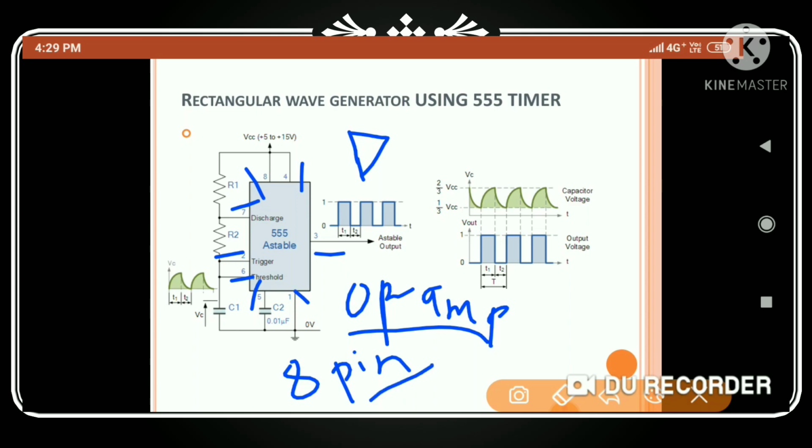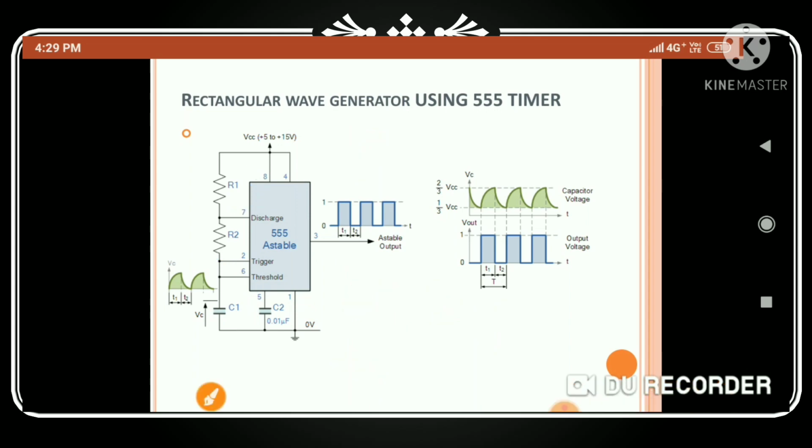See here, in the 555 timer we are using an 8-pin configuration, and in the diagram you see R1 is connected here, then R2, and this pin 7 is the discharging pin, pin 2 is the trigger pin, and pin 6 is the threshold, and here the capacitors C1 and C2.